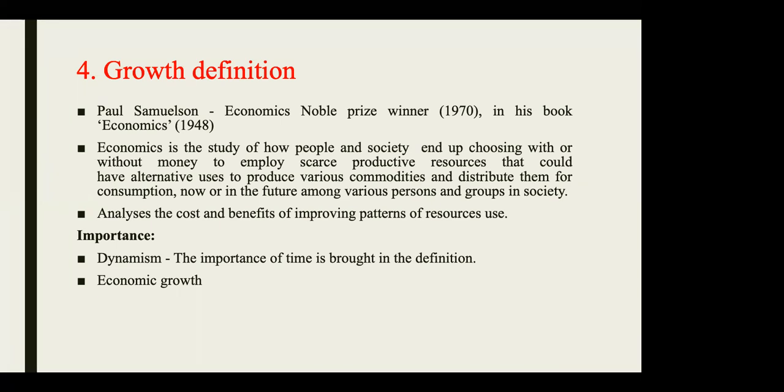So what is important in his definition is that he is taking the time element into consideration. Time element is the important thing in the growth definition. Also, he gives a definition for economic growth in a series of chapters in his book Economics. He also analyzes costs and benefits of improving patterns of resource use.